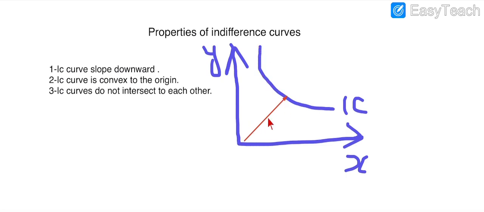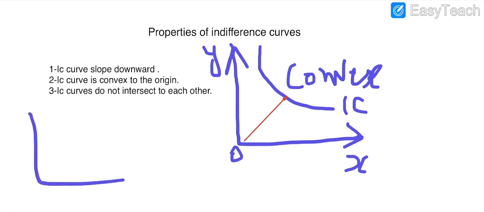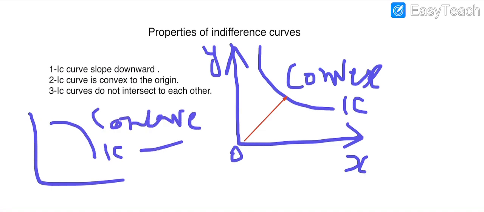This is the convex form and this is your origin, 0. If the IC is like this, it is concave, and this is the convex. IC is convex to the origin and has a downward slope.